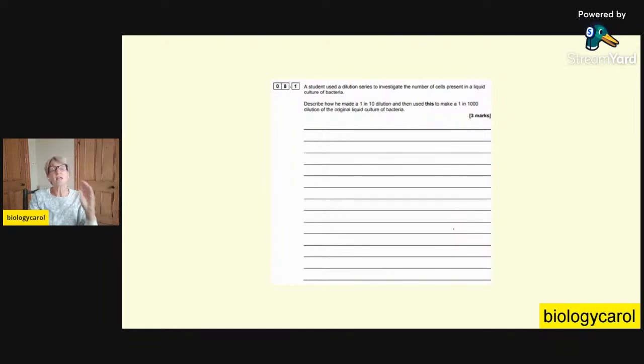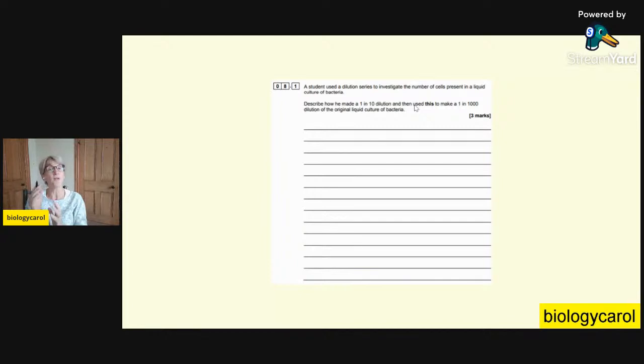A student used a dilution series to investigate the number of cells present in a liquid culture of bacteria. Describe how he made a 1 in 10 dilution, and then how he used this, notice it's in bold, how he used that 1 in 10 dilution to make a 1 in 1,000 dilution of the original liquid culture of the bacteria.